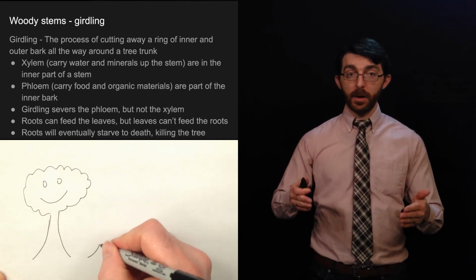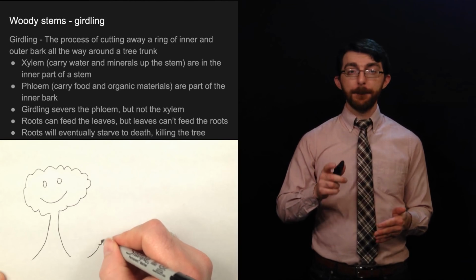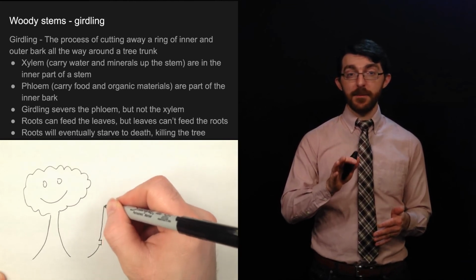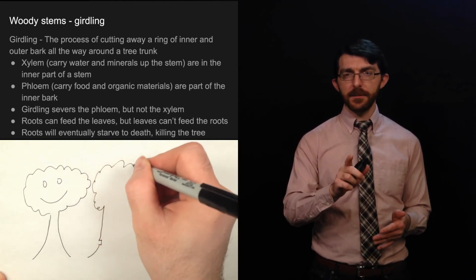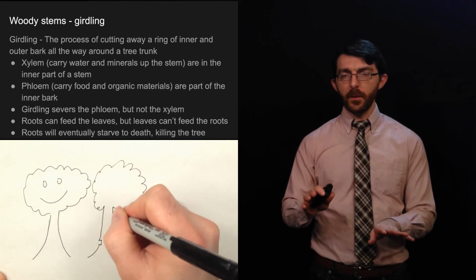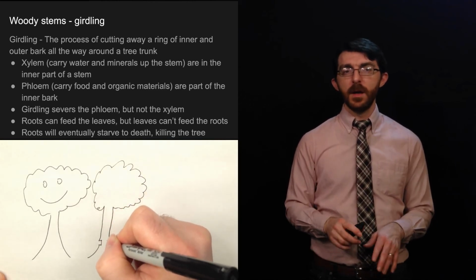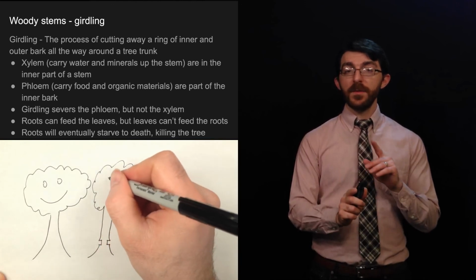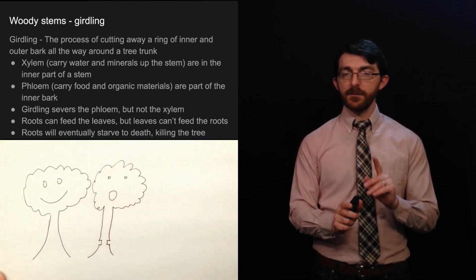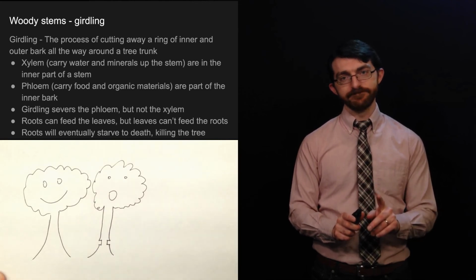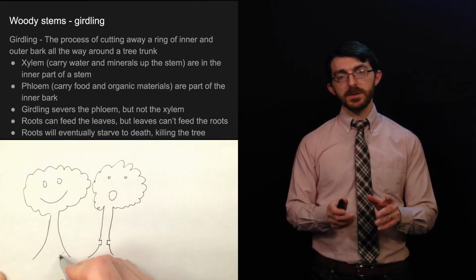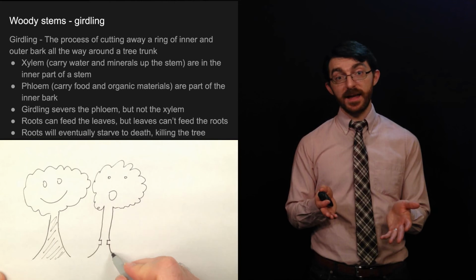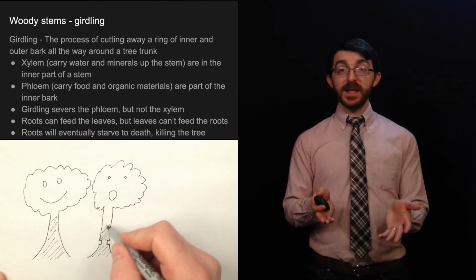Remember, they're on the outer part of the vascular cambium, but not the xylem. So if you cut the phloem, but you leave the xylem, then roots can feed the leaves, but the leaves can't feed the roots. So the roots will eventually starve to death, and the tree will die.